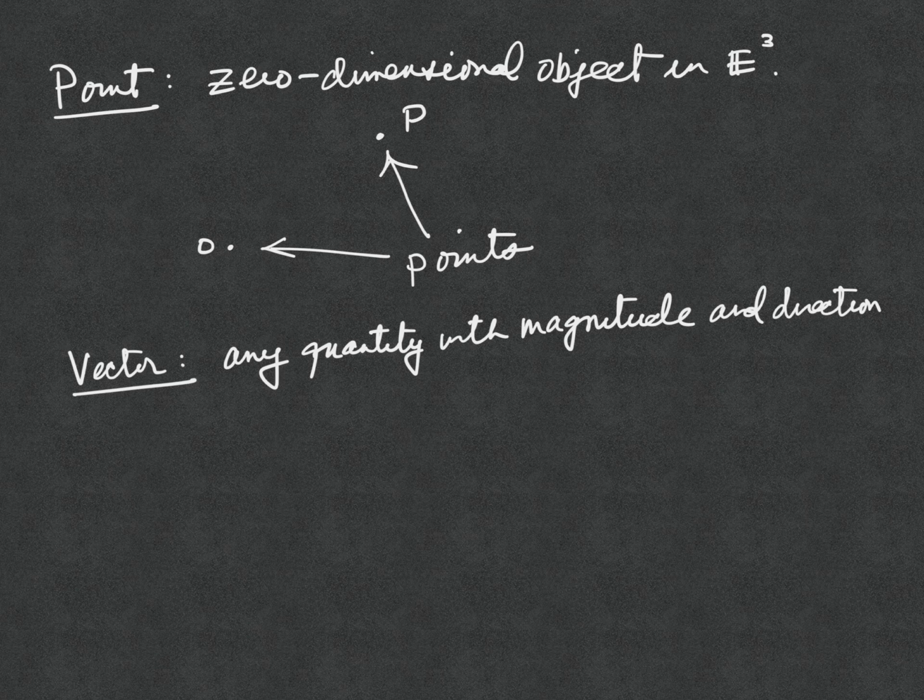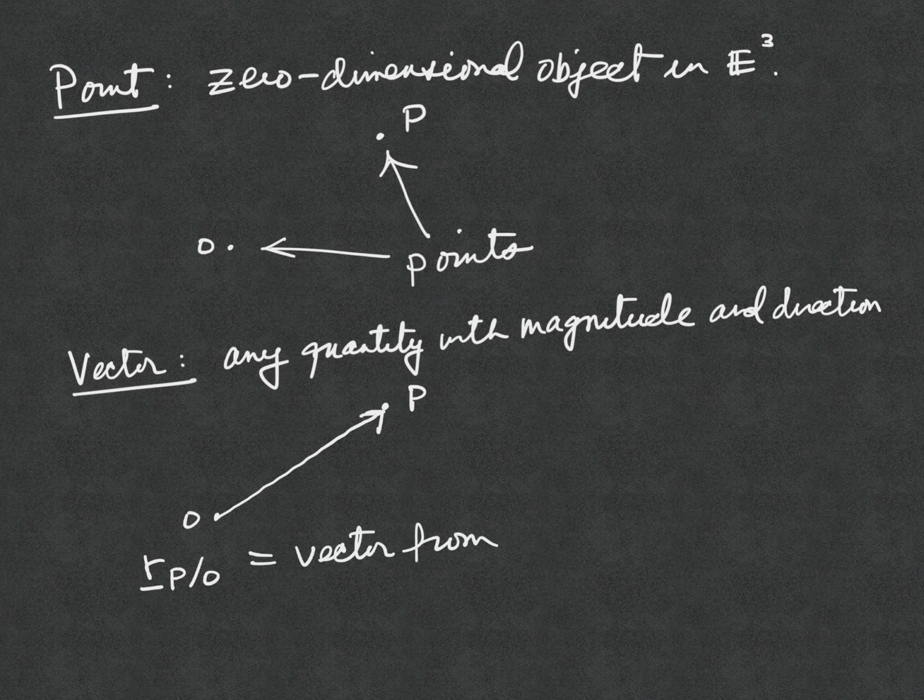The vector has a length, which is the distance between the points O and P, which is its magnitude, and then it has a direction, which is the unit vector in the direction from O to P. So if I call the vector from O to P, let's just arbitrarily call this thing RP relative to O. That's the vector from O to P.